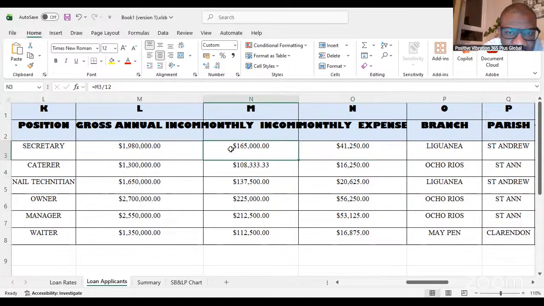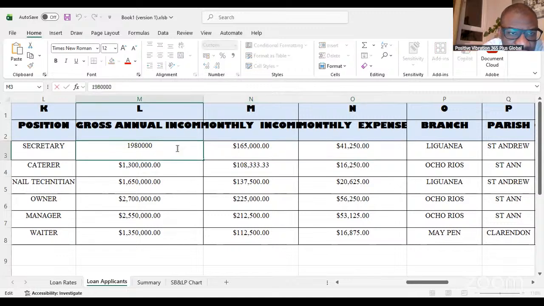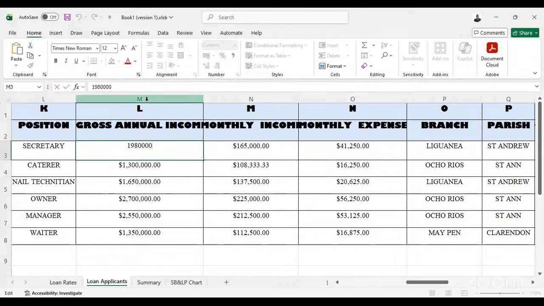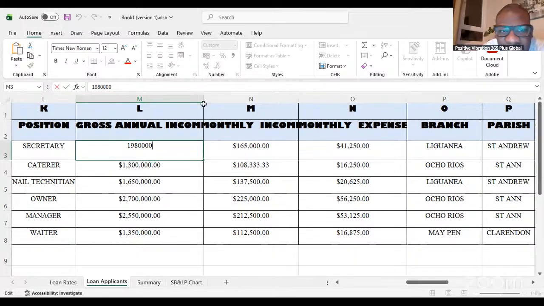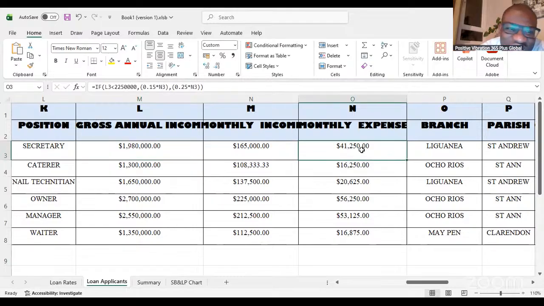Isn't this L3? No, L3 is here. Oh, see, sir, the top one is M. Your L confused me, and that's why. It says M, right? It says M3.